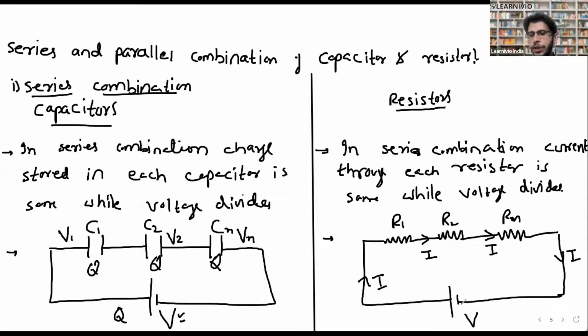Similarly here, the voltage of the battery gets divided into n parts, V1, V2, Vn. For capacitors, the voltage divides in a way that the stored charge remains the same. Here, the voltage divides in a way that the current remains the same.